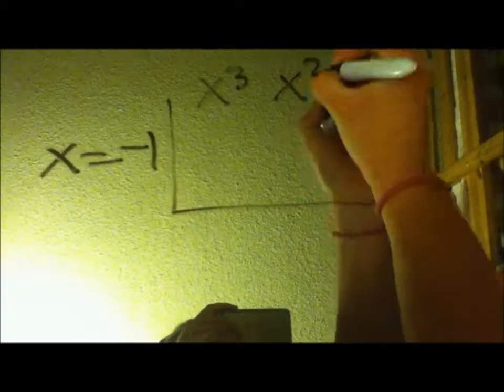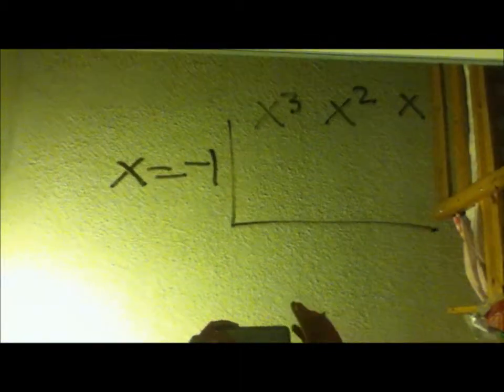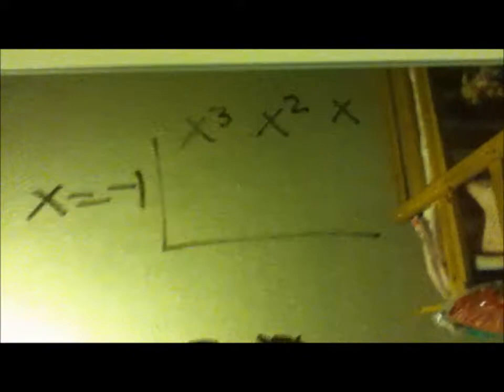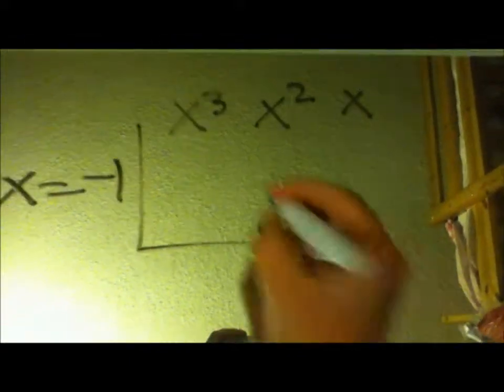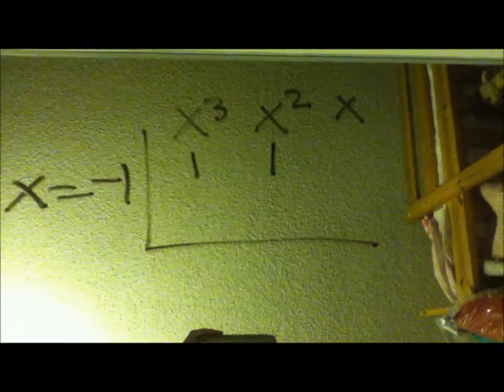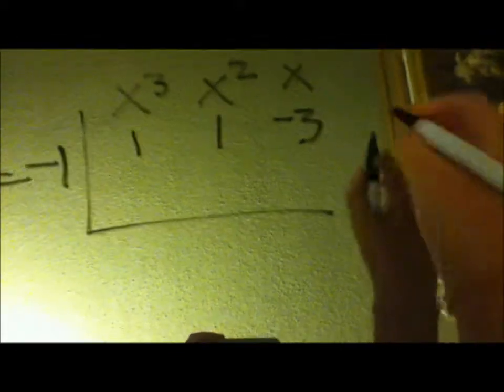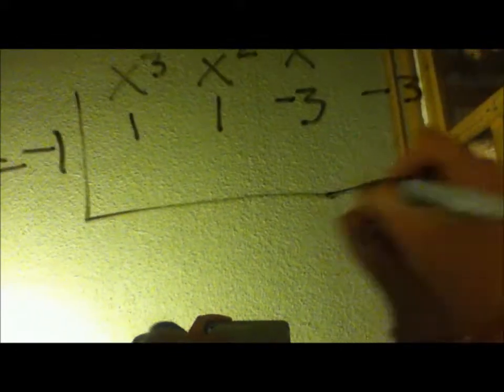And you put x cubed, x squared, and x, and the coefficient for x cubed was 1, the coefficient for x squared was 1, and the coefficient for x was -3, and then your constant was -3 as well.